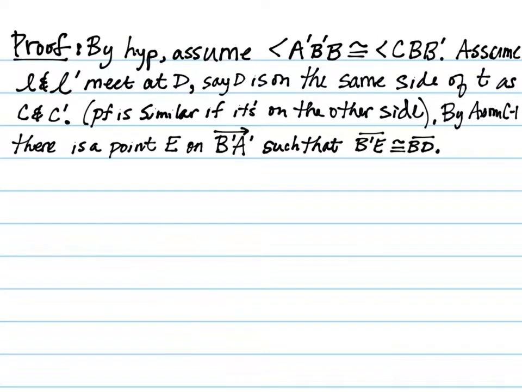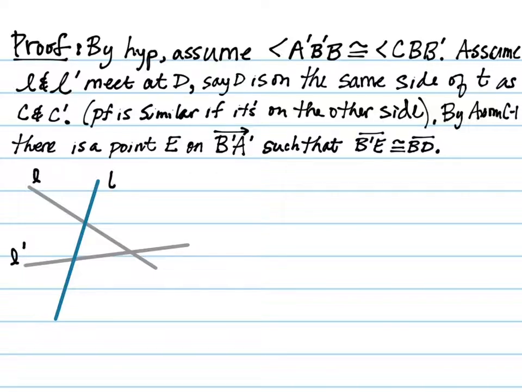I'm going to make it more obviously not parallel because I want to see that point D, just for the sake of being able to talk about all these different letters that I'm mentioning. So here's L and L prime, and here's T. We have A, B, there's a D. It doesn't actually specify.